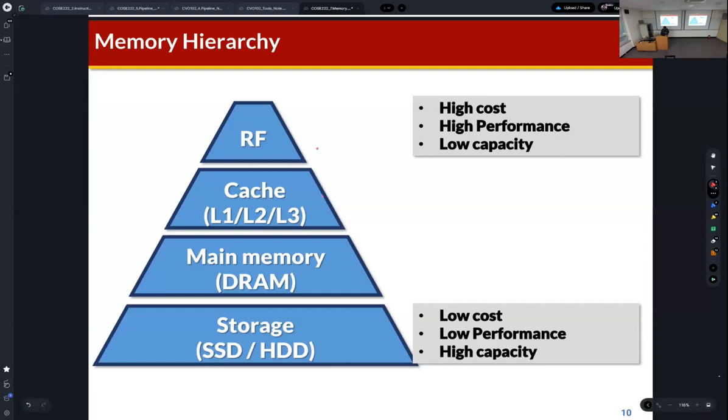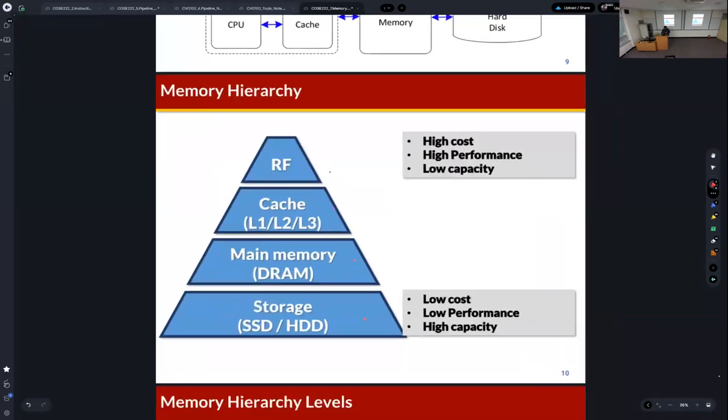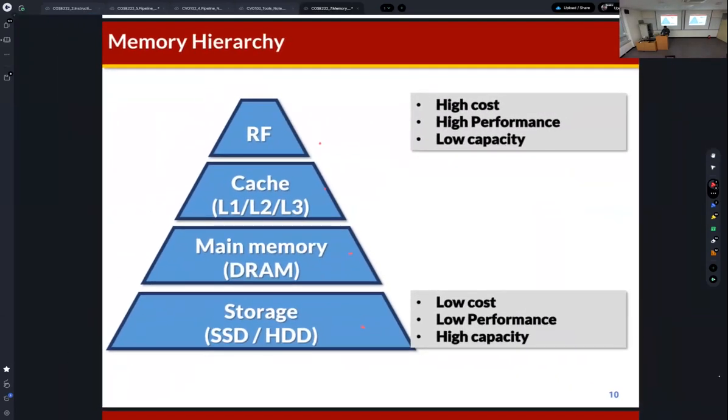We can observe various memory devices in the memory hierarchy. So what is RF? RF is the register file. Now everyone knows the register file, right?